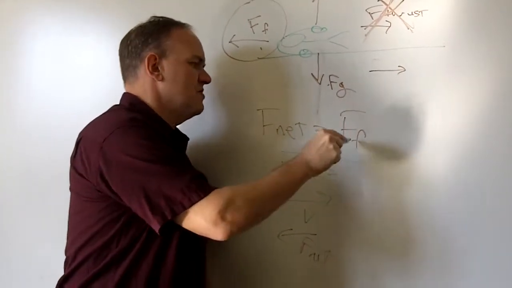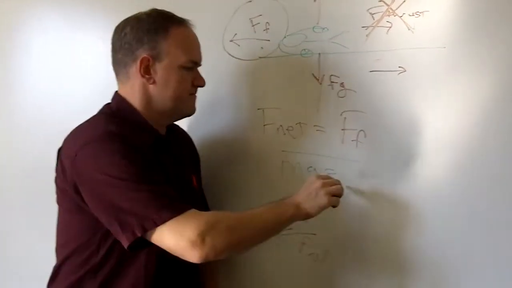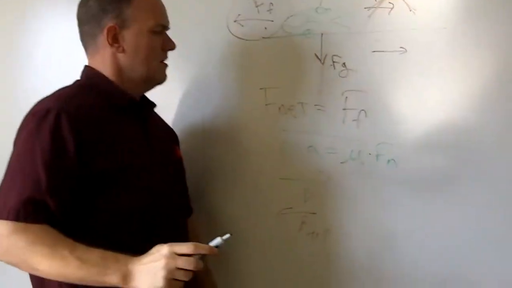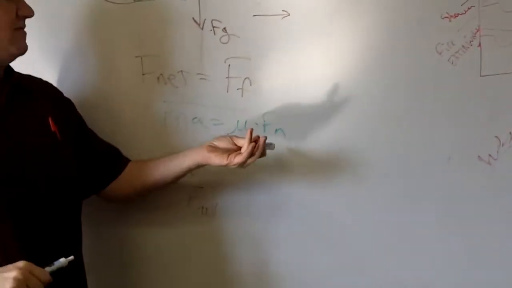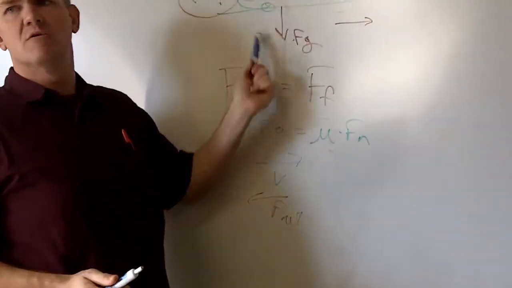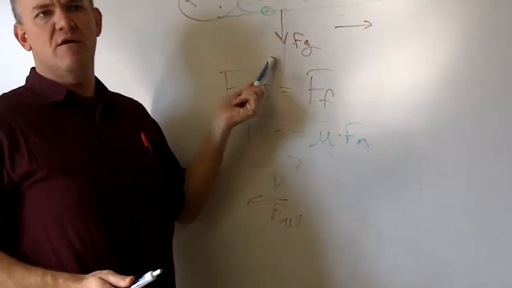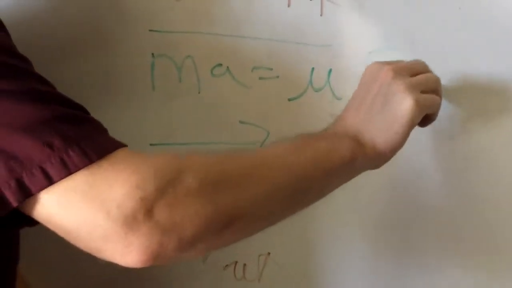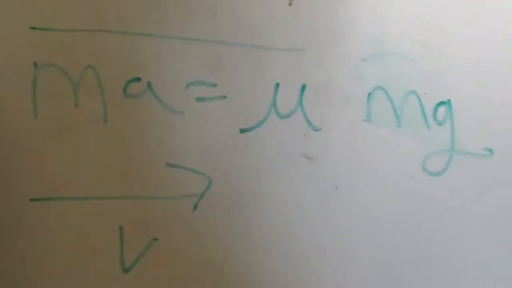What's the formula for friction? mu Fn. But Fn in this problem is equal to Fg, which is mg, so we can just write mg there, because it's equal to the weight in this problem.